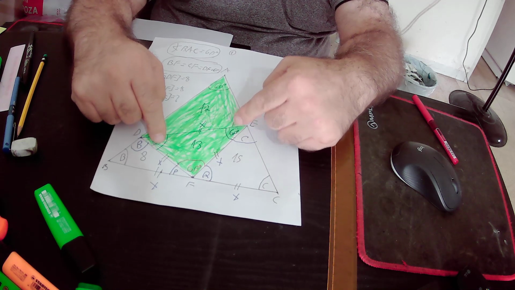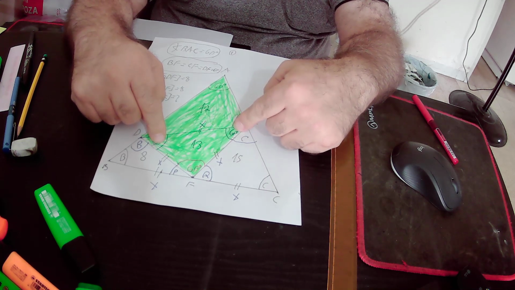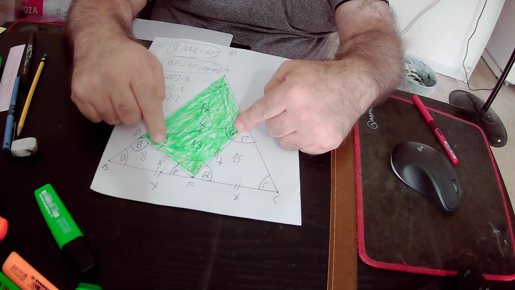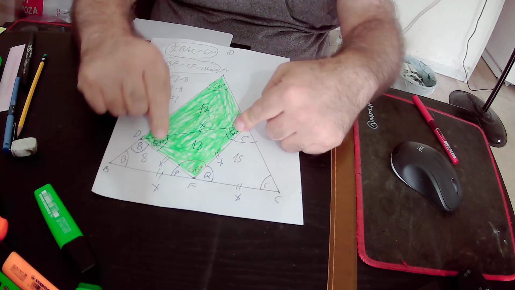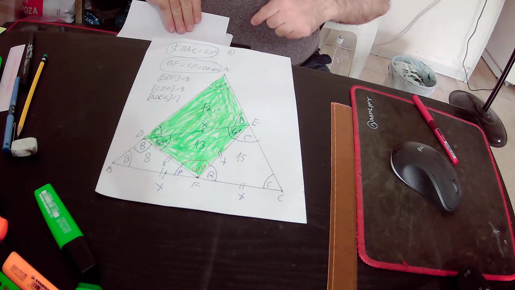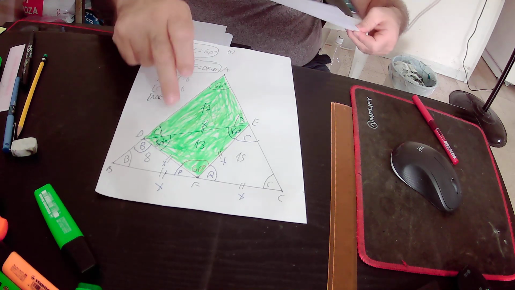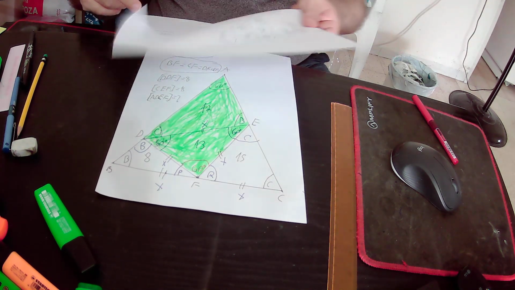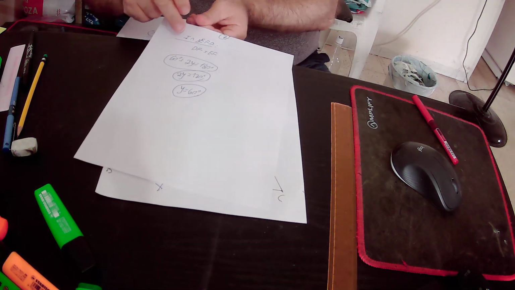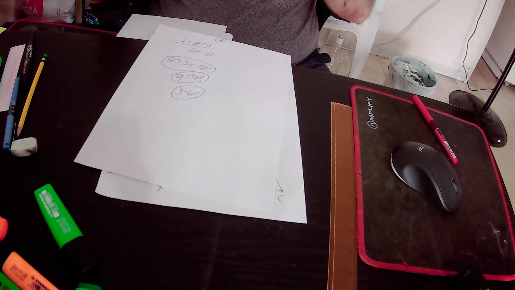So if this angle is Y, this angle is also Y. And according to the rule that the sum of the angles in any triangle is equal to 180 degrees, in triangle EFD, 60 degrees plus 2Y equals 180 degrees.